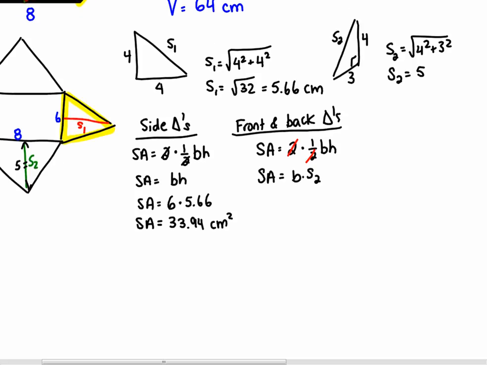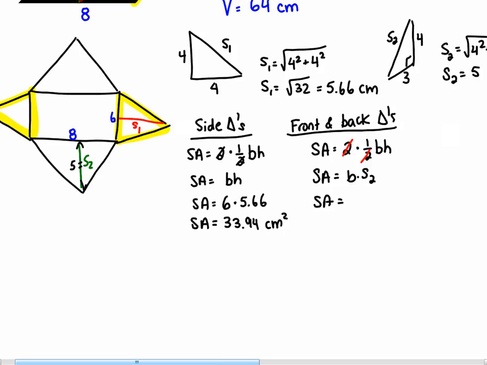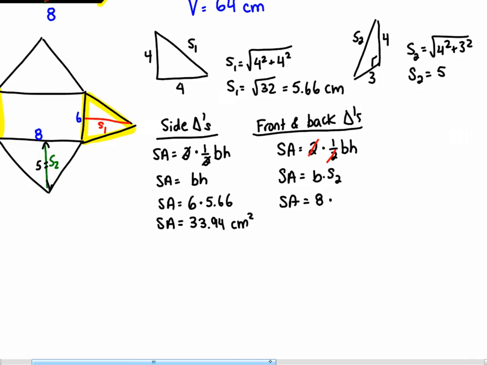So the base was how much? 8 times, what was the slant height? 5. S2 is 5. 8 times 5 is 40. Okay, so we finished finding the triangles. That's the toughest part. We have 2 different slant heights that you have to find, 2 different right triangles.